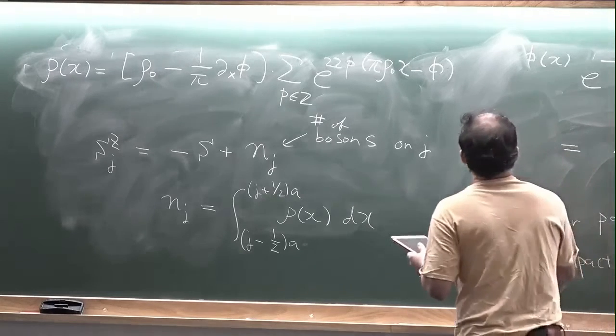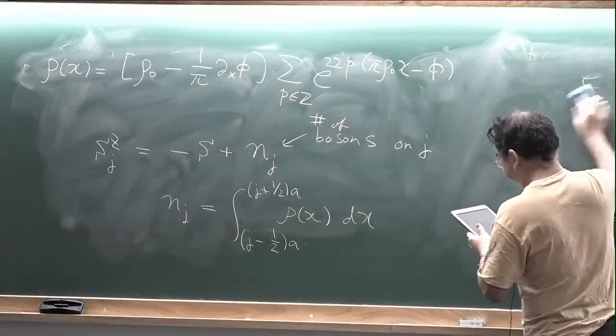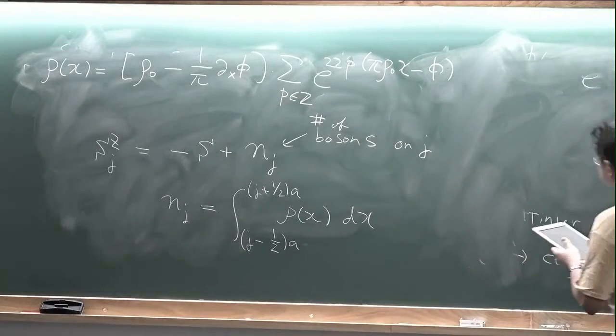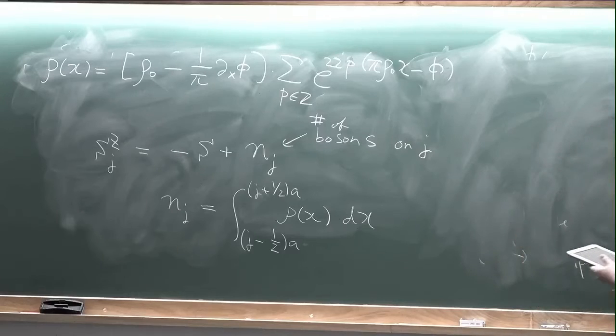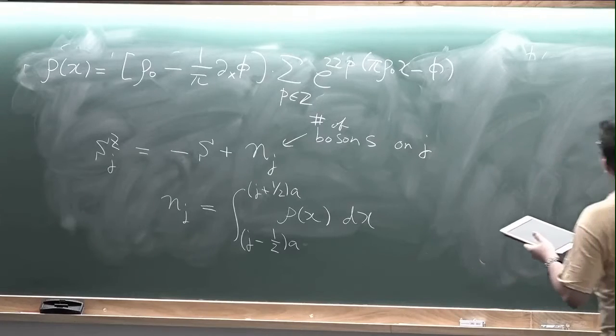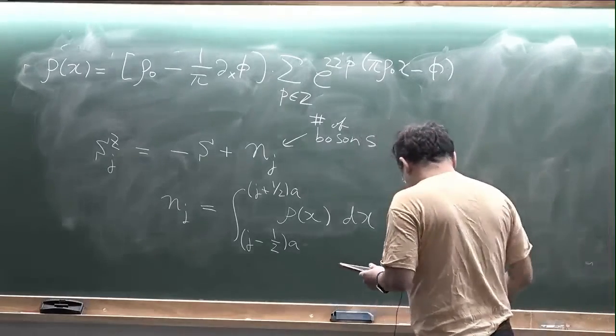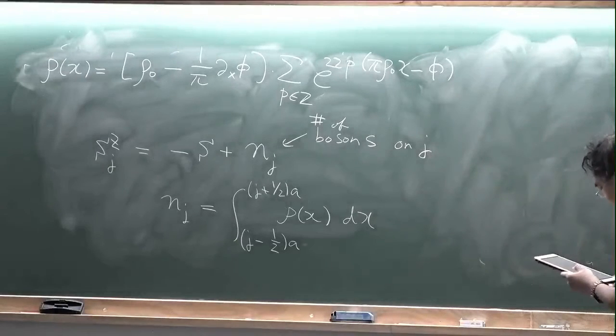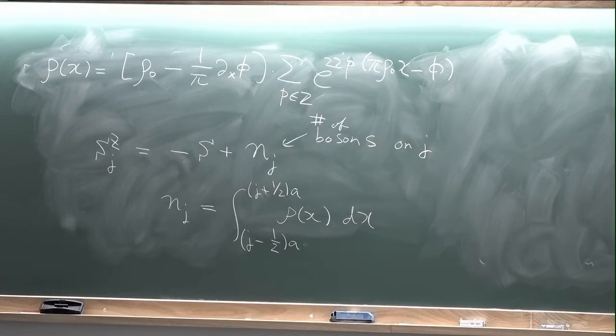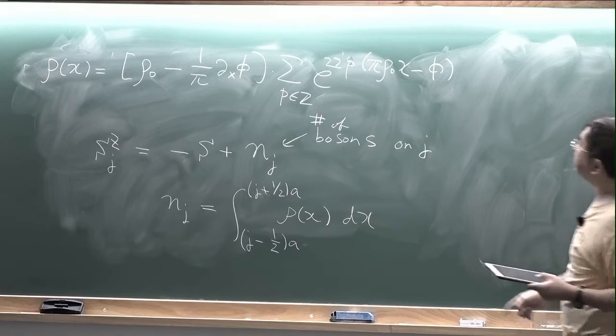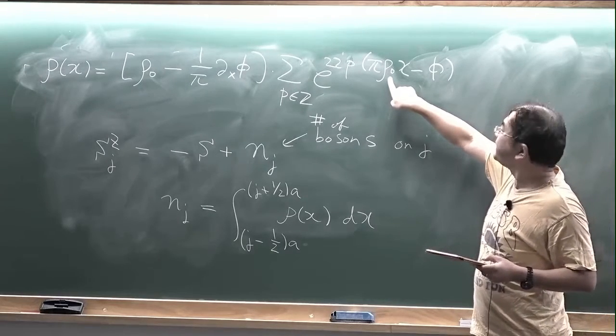And then, so it's a bit complicated, but you can do this calculation by partial integration and so on. And another important point is that here you had the average density of particles.